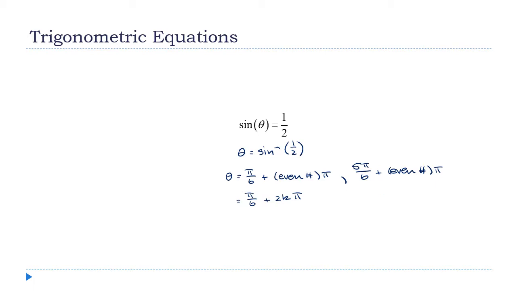Let me make a little room. So I'm going to say pi over 6 plus 2k pi, or 5 pi over 6 plus 2k pi, where k is an integer. Now I have all the answers.